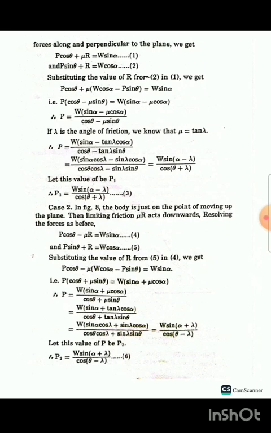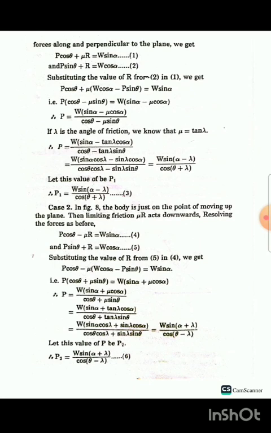Now we substitute the value of R from equation 2 in equation 1. Equation 2 is P sin theta plus R is equal to W cos alpha. We keep R on the left side and take the remaining terms to the right side. So R is equal to W cos alpha minus P sin theta.